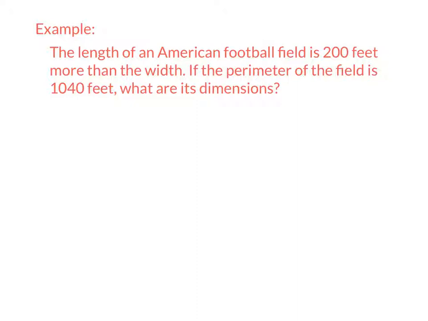This is an American football field. And we're asked to find the dimensions of the field. So we want to know the length and the width. We're told the relationship between the length and the width, and we're told the perimeter. But we're asked to find what are the dimensions.